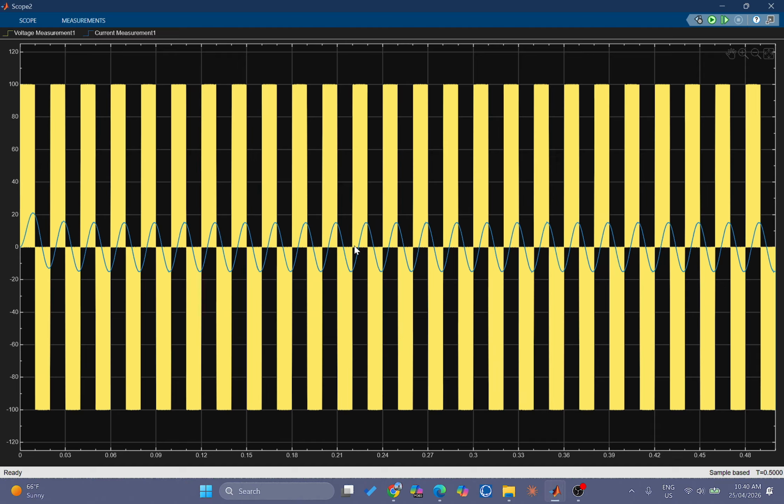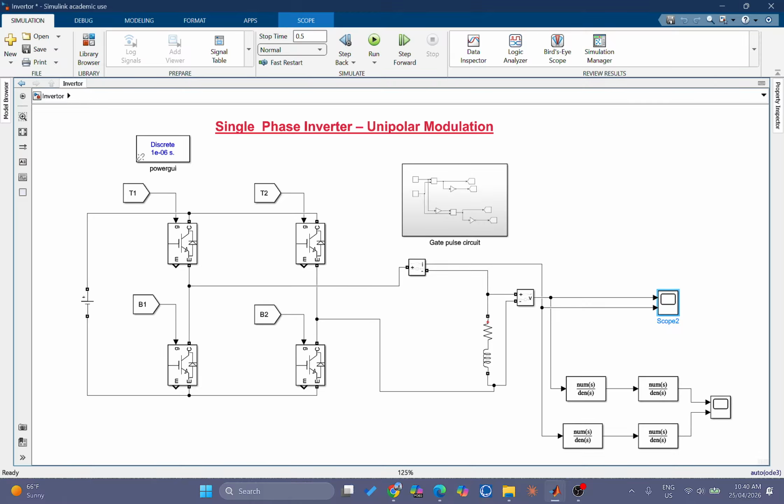So instead, it creates a pulse whose average value follows the sine reference, and the high frequency components are later reduced by filtering and low inductance is used.